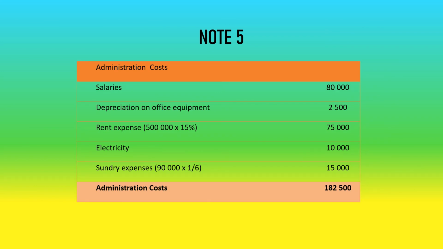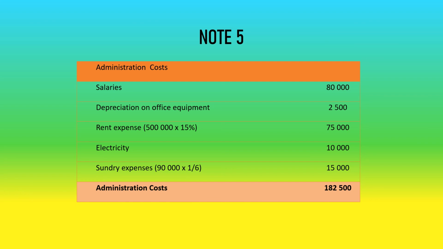So we have our administration cost calculated under note 5. So salaries was given to us, and then we calculated depreciation, rent expense, electricity, and sundry expenses only on the admin part, and we've added it under administration cost. All these calculations have already been done, right, when we were discussing our transactions.